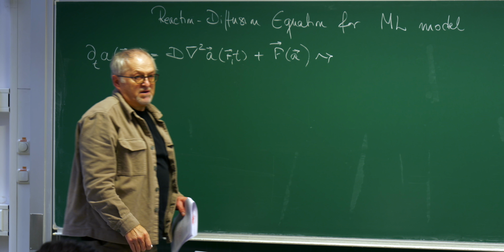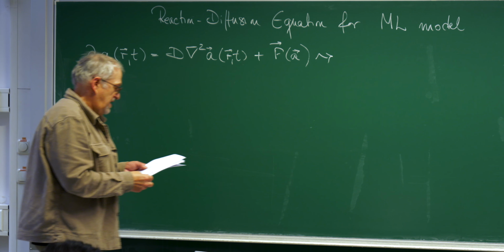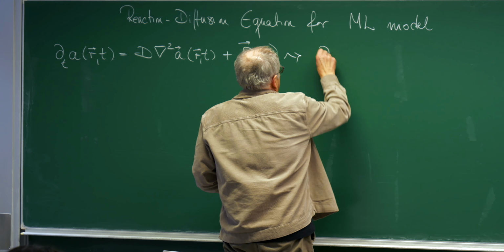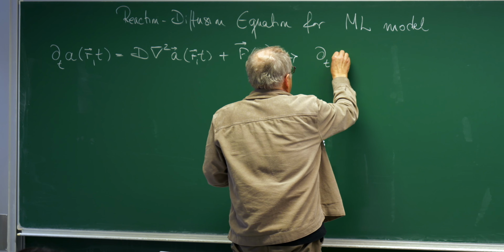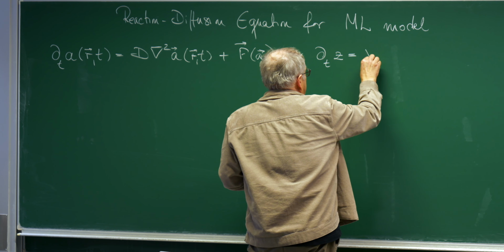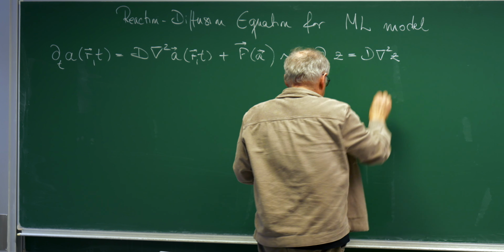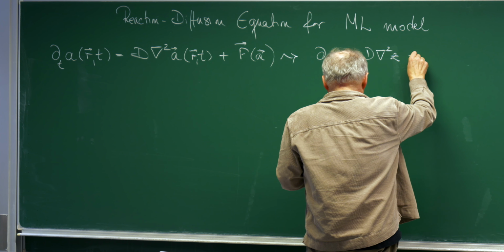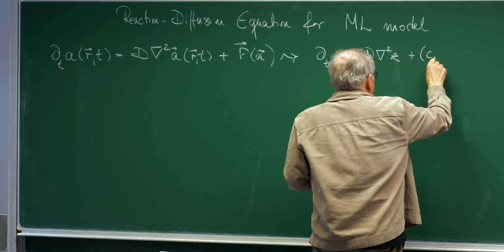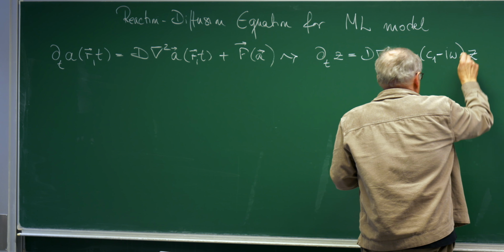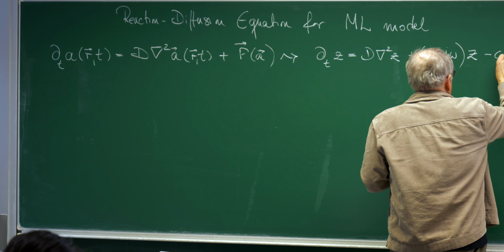And what we have done is we have reduced it to an equation for a complex variable that also has a diffusion term, and it does have the standard Ginzburg-Landau structure with complex terms.